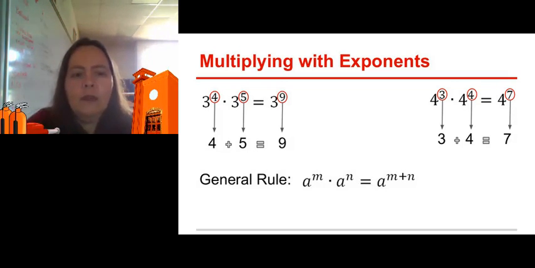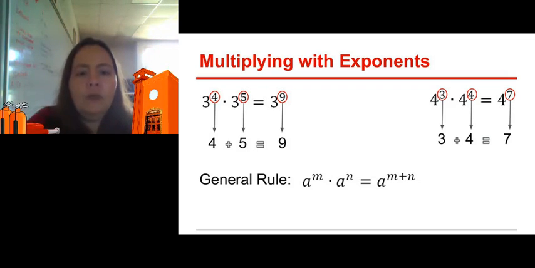With all those letters in there, that's just a very generic way of saying that when we are multiplying and we have the same base, then we simply add the exponents to find out what our answer is. And that makes it shorter work for us because we don't have to write out those long expansions, which, as m and n become larger numbers, could become very tiresome.